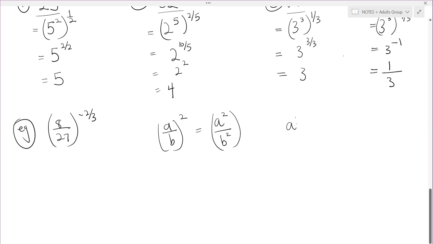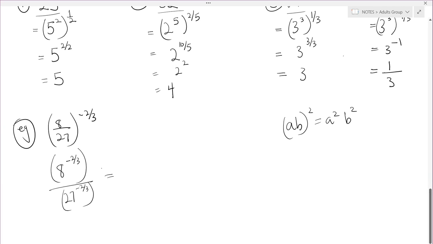Just like when we did a, b all squared, it would have been a squared, b squared, right? So I can say 8 to the power of negative 2 over 3 all over 27 to the power of negative 2 over 3. This is just one way, right? And we could work this out.